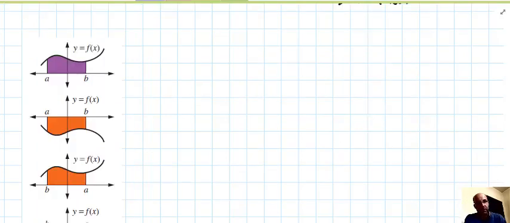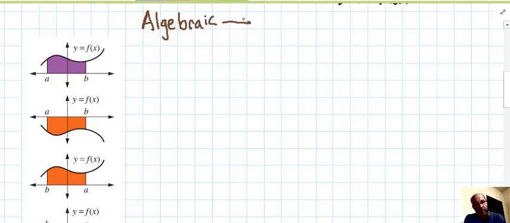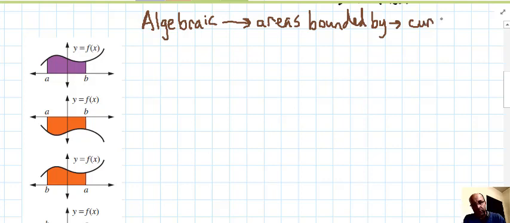Now let's look at what's called the algebraic area. Algebraic area, what does that mean? We're talking about areas that are bounded by a curve, which we call f of x, also the x-axis, and ordinates a and b, so they're vertical ordinates or vertical lines.